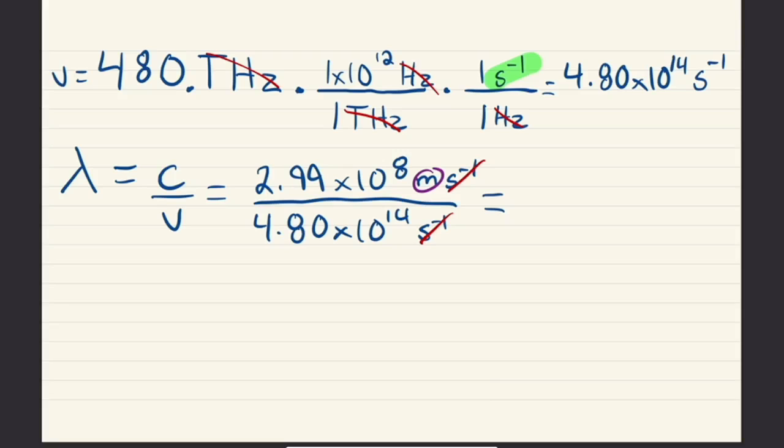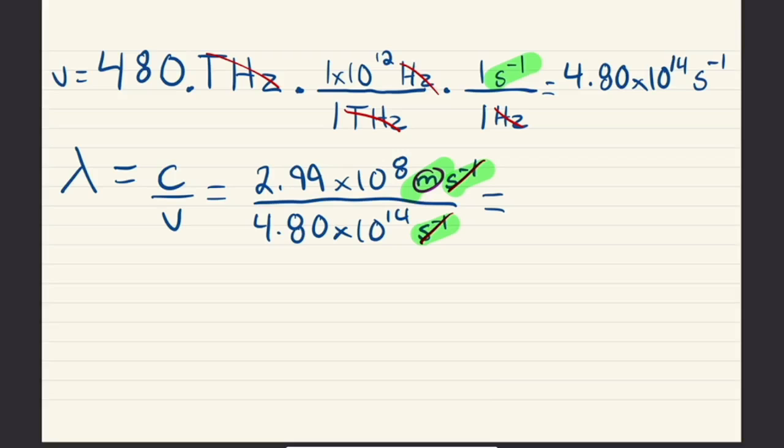We then have lambda equaling c over nu, which is the manipulation of the algebraic expression by dividing both sides by the frequency, and we find ourselves with meters as a unit of interest and seconds to the negative 1 both being canceled during this process.